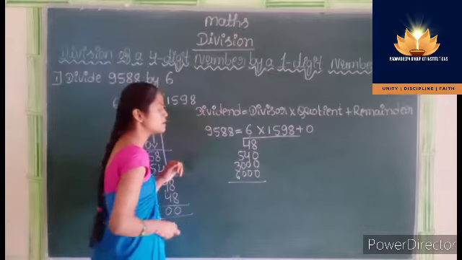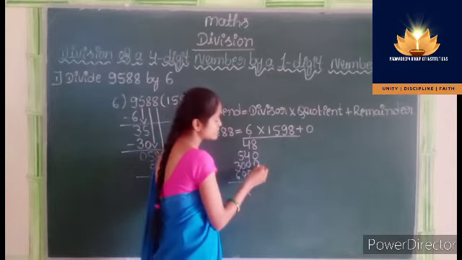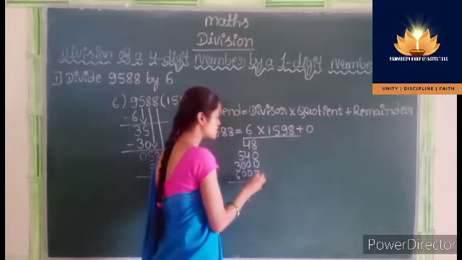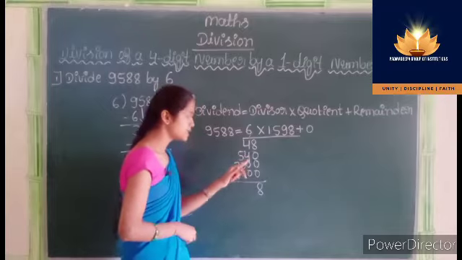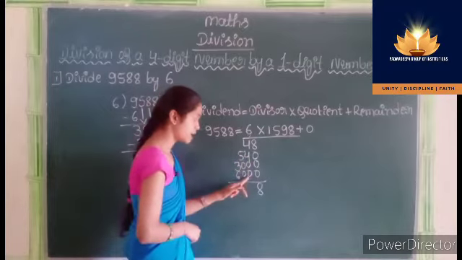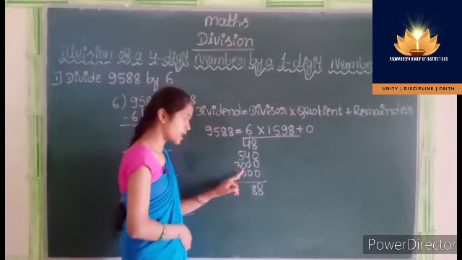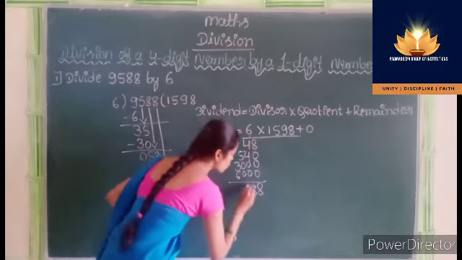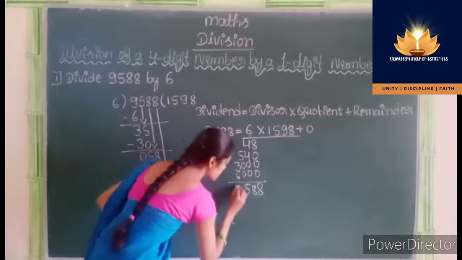Now we have to add these numbers. 8 plus 0 that is 8, 8 plus 0 that is 8 and 8 plus 0 8. 4 plus 4 8, 8 plus 0 8, 8 plus 0 8. 5 plus 0 5, 5 plus 0 5.